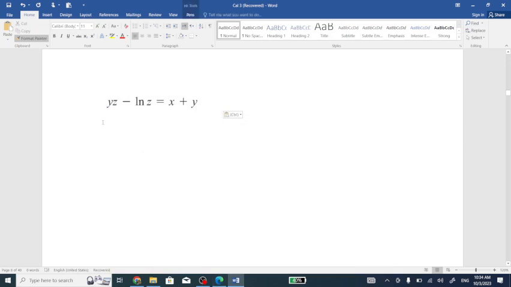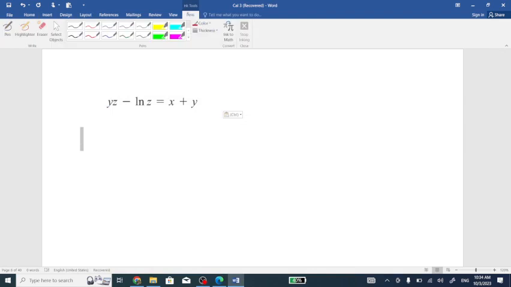Now I say f sub x, because we are talking about partial z by partial x, or z sub x. So each time when I have a z, I should have a z prime, a zx. Clear?